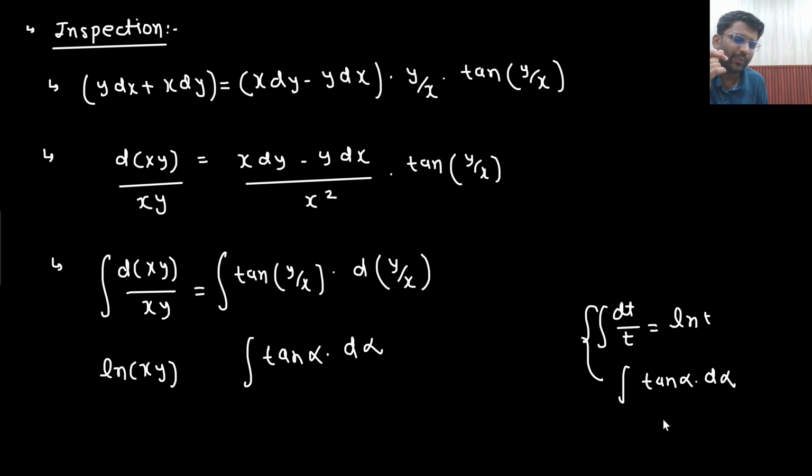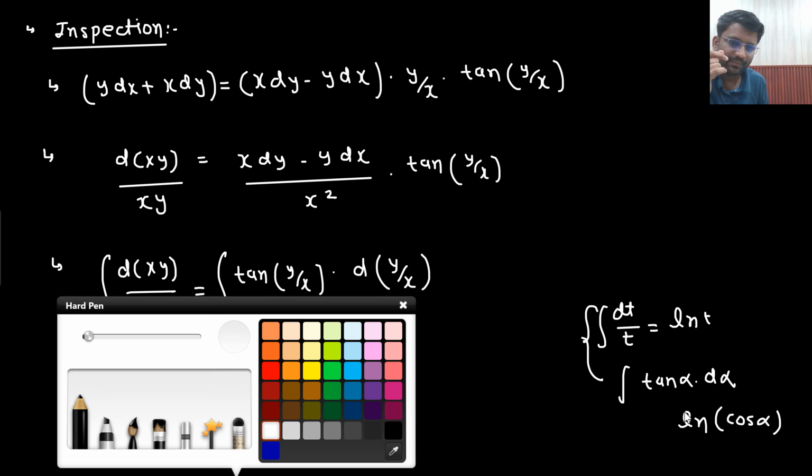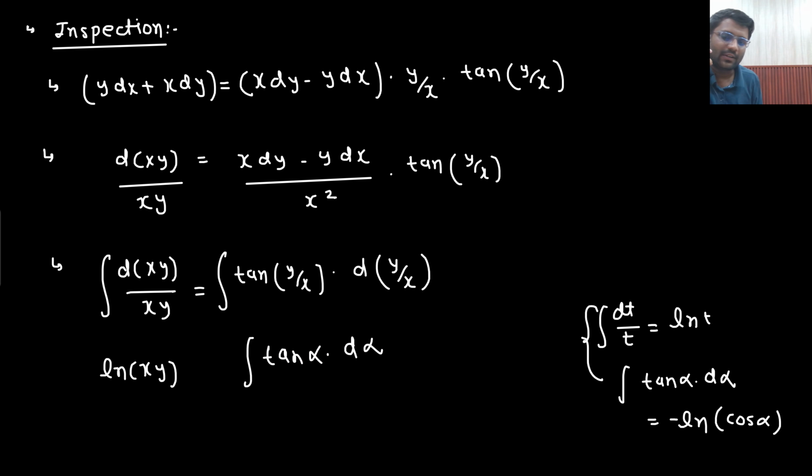What would that be equivalent to? That would be equivalent to minus ln cos alpha. So what will be the answer here? Sir, the answer would be minus ln cos of y by x plus some constant.